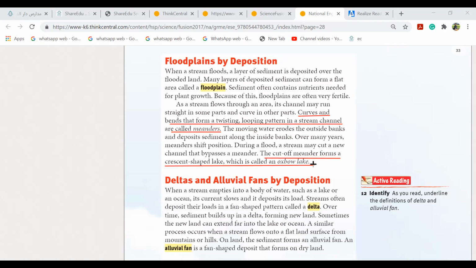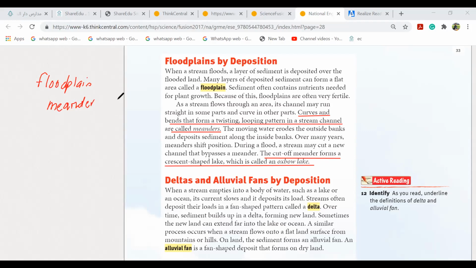Because usually in higher grades there's a question: what are the formations by erosion by water? What else do they form by erosion of water? So you need to know that they form a floodplain, they form meanders.